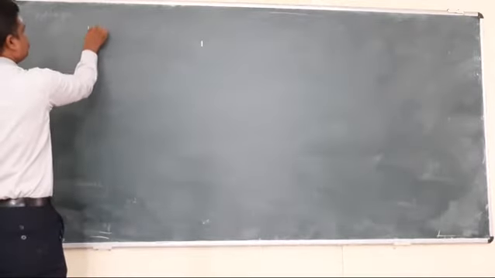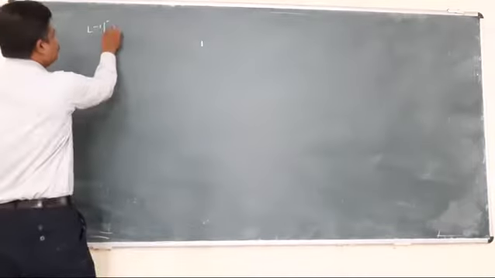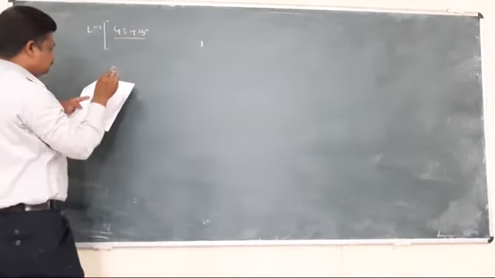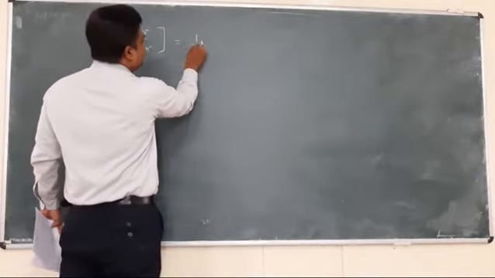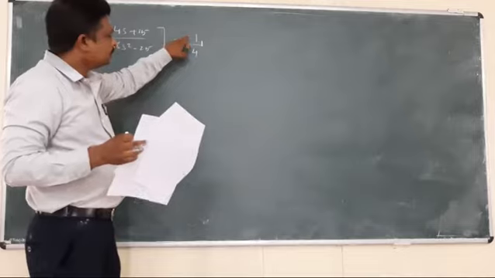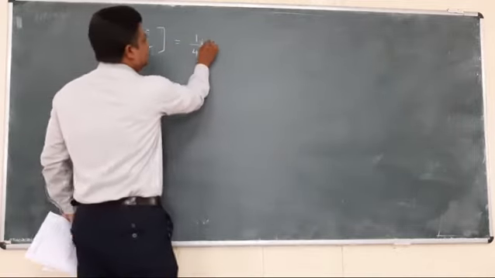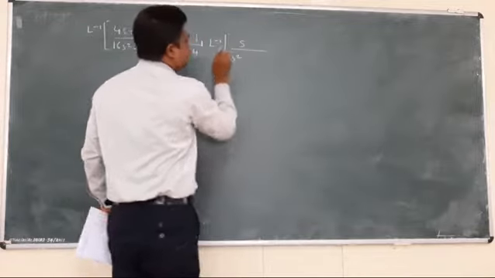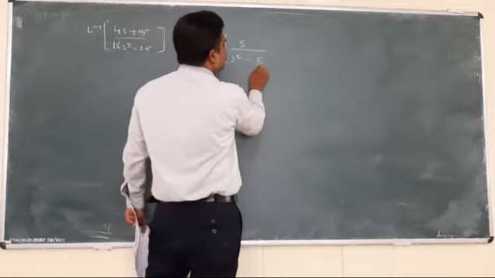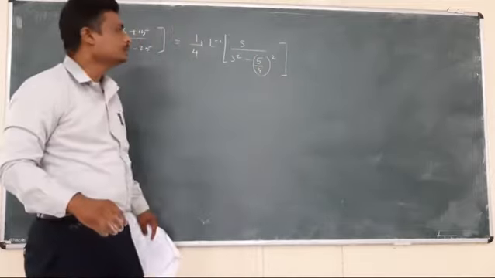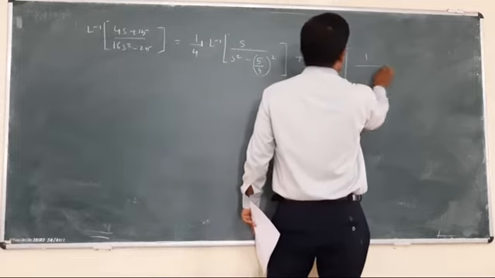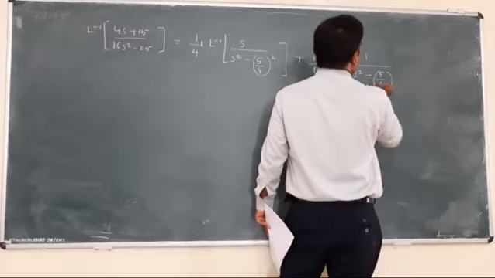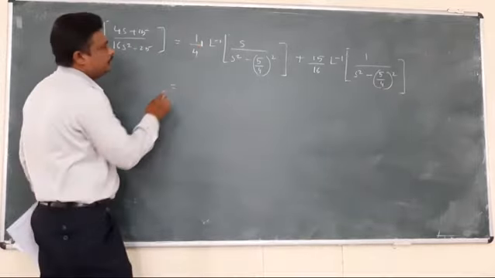So therefore, L inverse of (4s plus 15) upon (16s square minus 25) is equal to 1 upon 4, because in the numerator we have 4 and denominator 16, L inverse of s upon (s square minus (5 upon 4) whole square), writing 25 upon 16 in the form of (5 upon 4) whole square, plus 15 upon 16 L inverse of 1 upon (s square minus (5 upon 4) square). So now I will apply the formula.